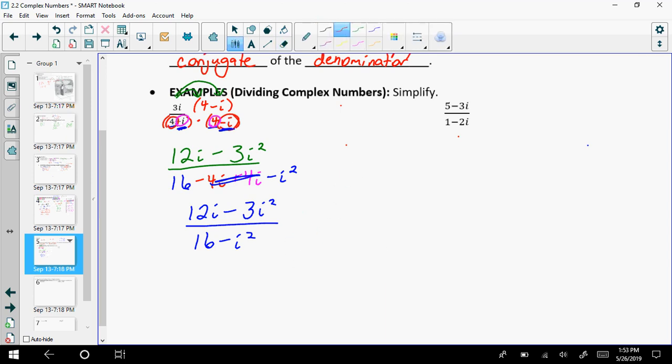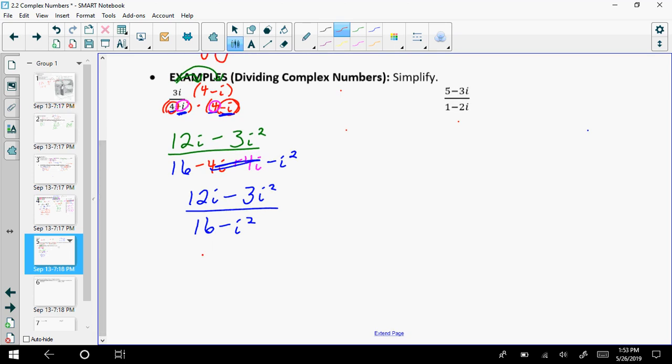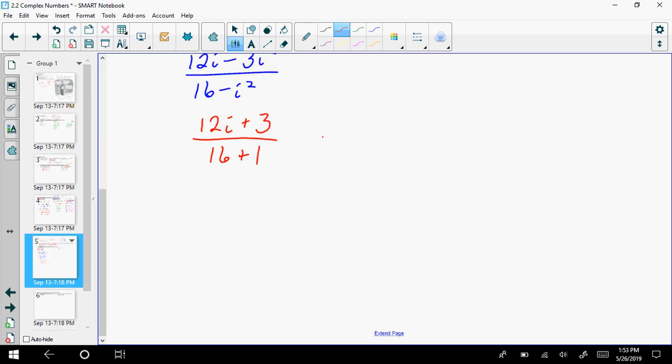We're going to replace the i squareds with negative 1. So 12i, that's going to become plus 3. And on the bottom, 16, it's going to become plus 1. I'm going to flip-flop the order up top. So I'd have 3 plus 12i over 17.